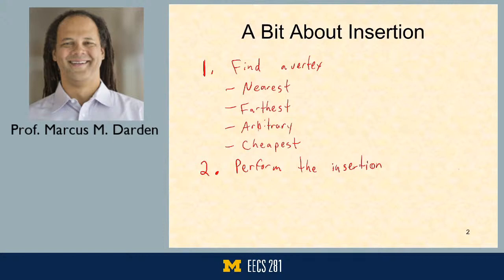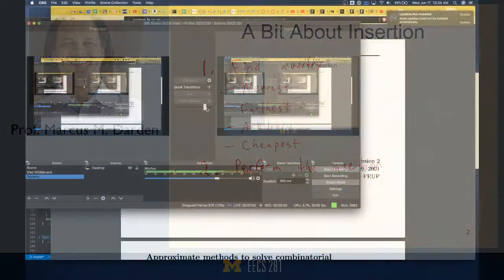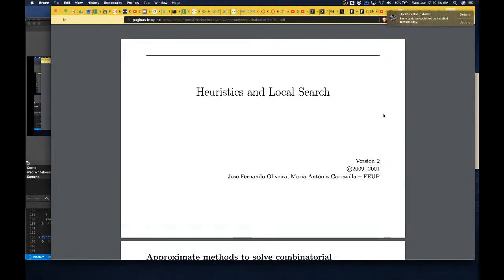Now, to be clear about this, there is a piece of work out on the internet that is pretty commonly tracked down in 281. We'll check that out. It's this wonderful PDF, someone's discussion of heuristics for TSP.